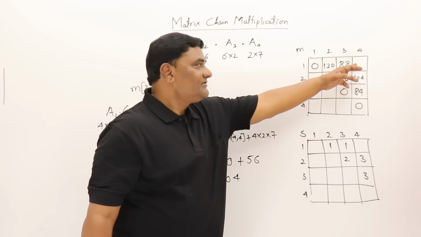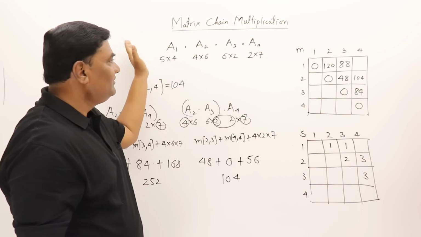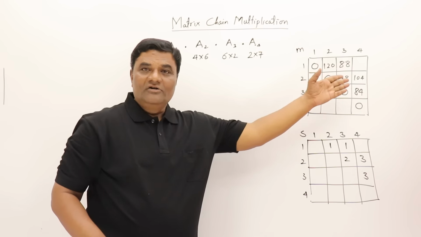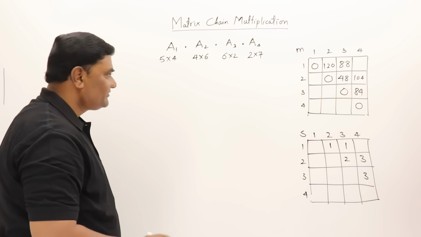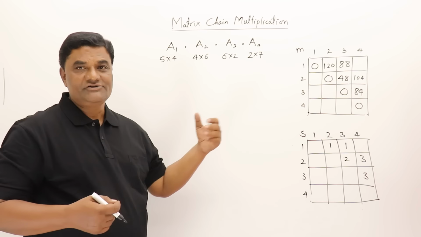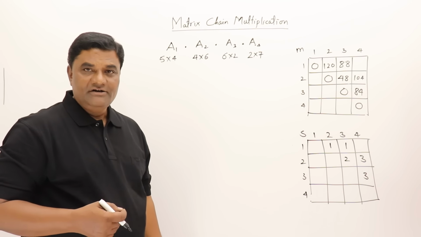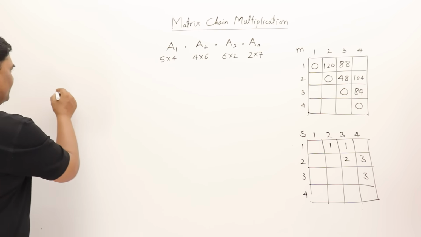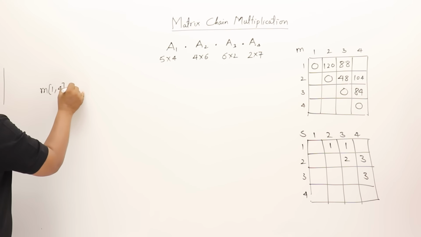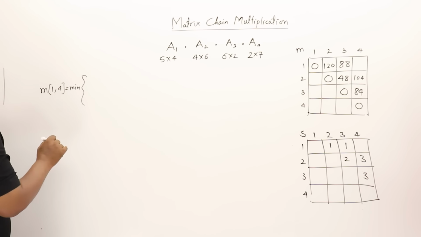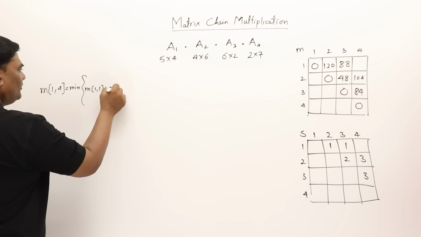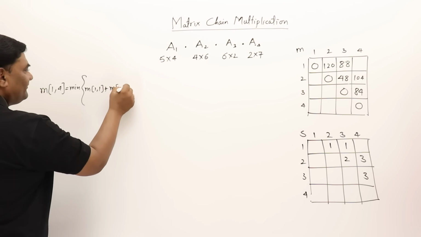Now I have to find out this final value. That is all 4. So we tried 2, then 3 at a time, now 4 at a time. Now m of 1 comma 4. So now I will use the formula and show you. M of 1 comma 4 is the minimum of m of 1 comma 1 plus m of 2 comma 4.